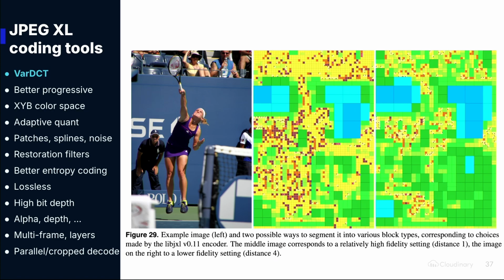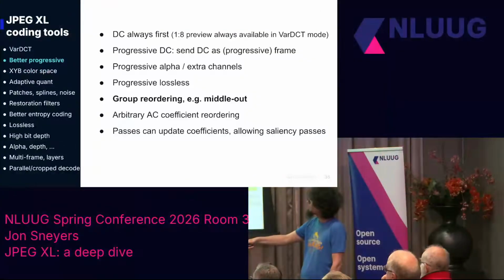And depending on the quality target, it may use a different selection of blocks. But generally, you want to use the big blocks for areas that are simple, that are uniform, and the smaller blocks for the regions that require more detail. So by splitting it like this, we can get better compression and better quality.